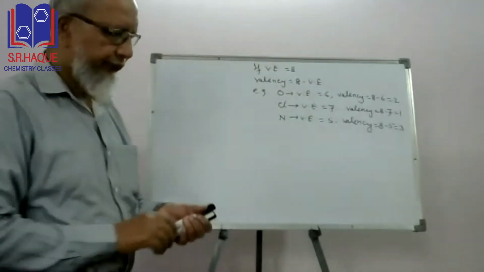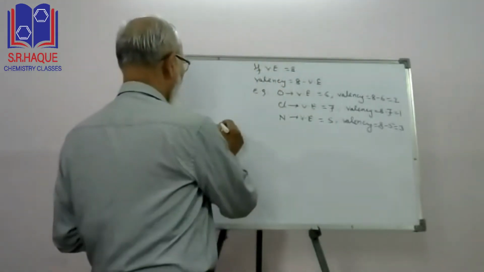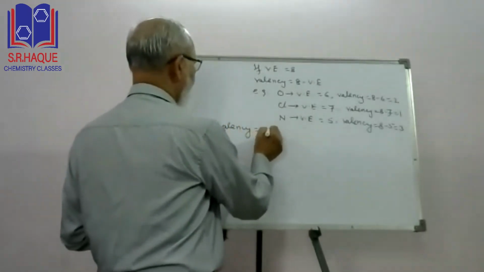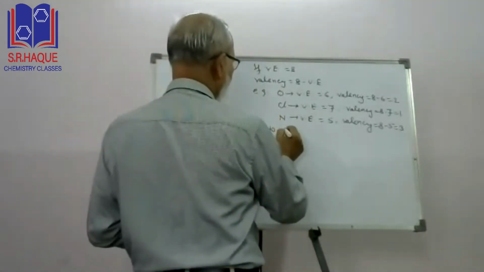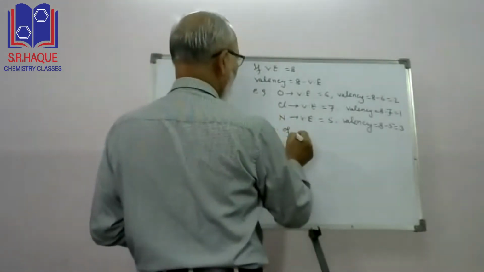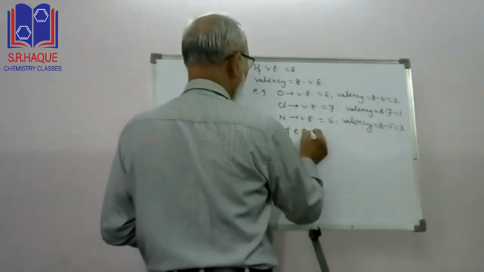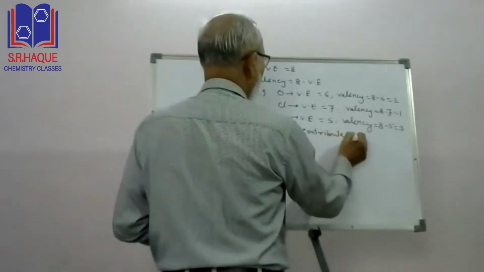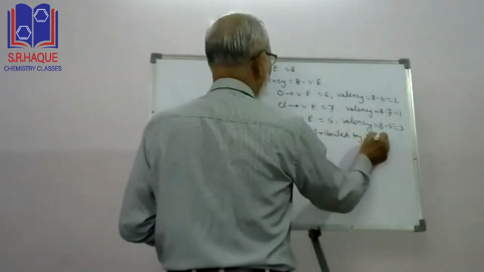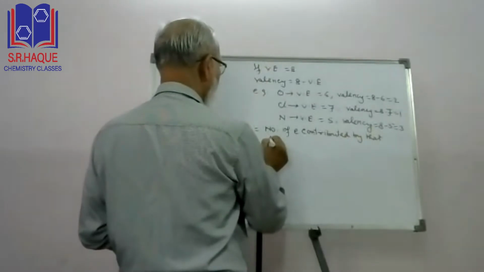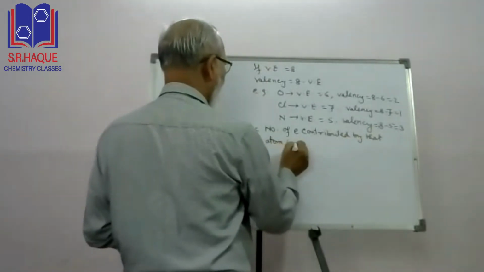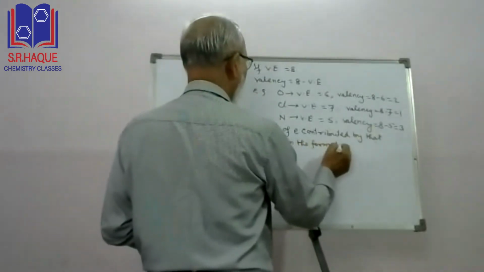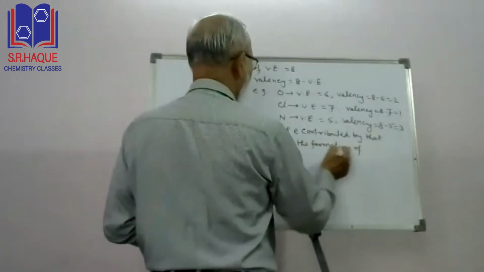So the valency is equal to the number of electrons contributed by that atom in the formation of chemical bond.